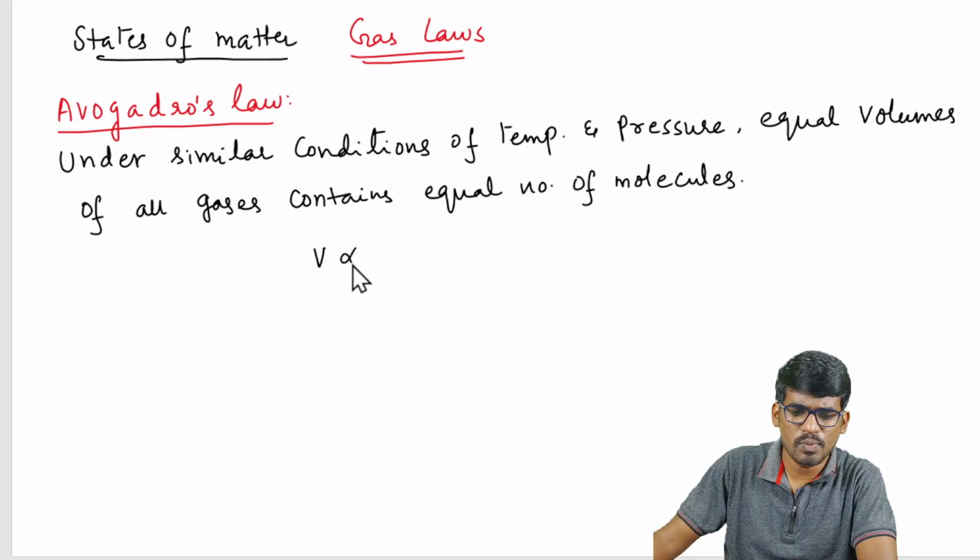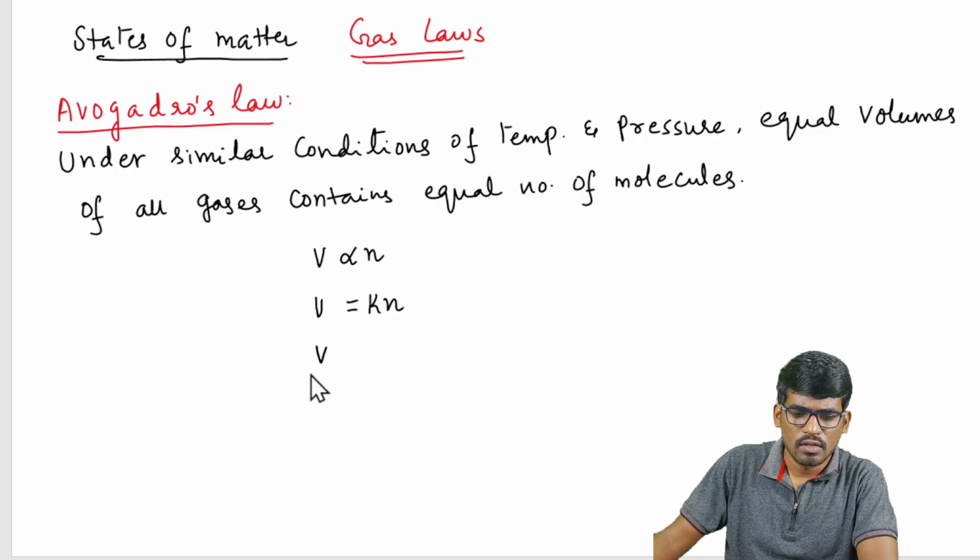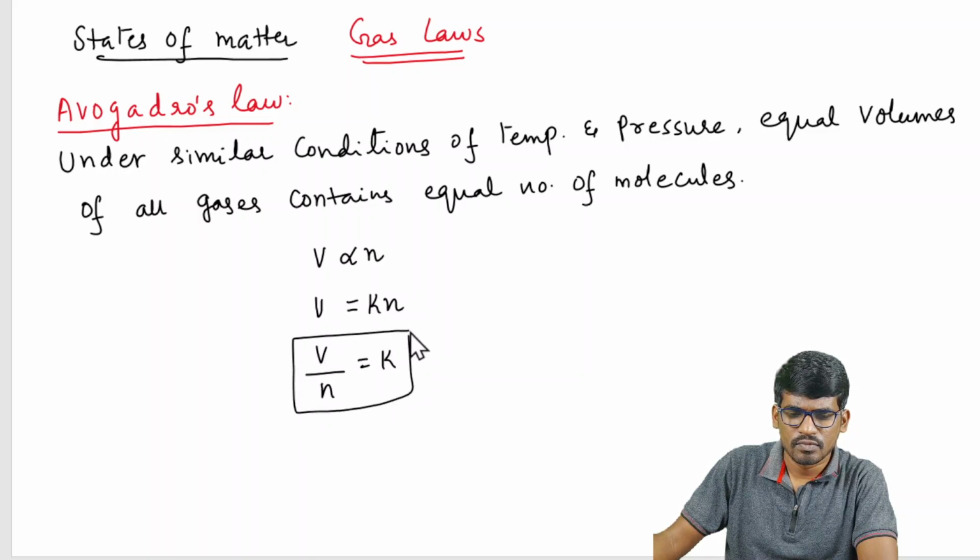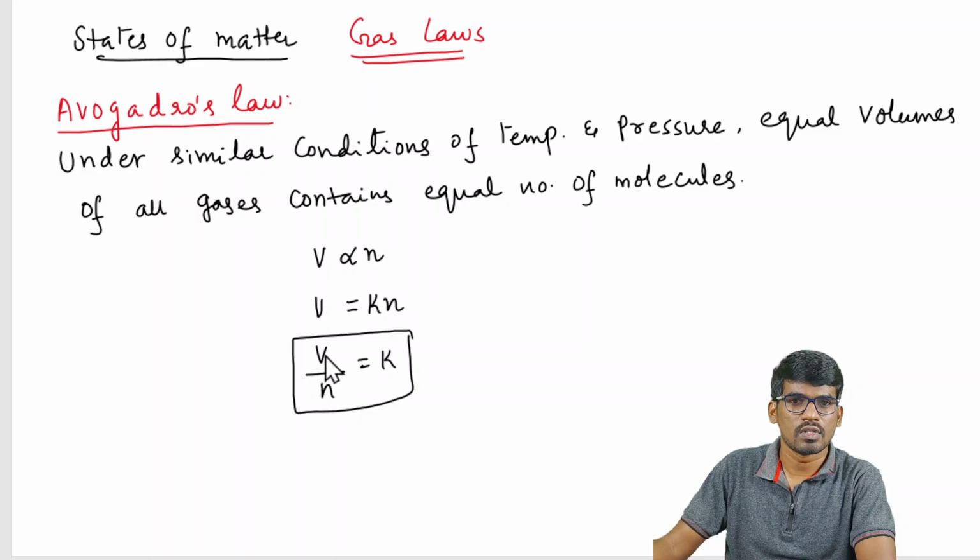That indicates V is proportional to N. So V is equal to K into N, and V by N is equal to K. V stands for volume, N stands for number of molecules.